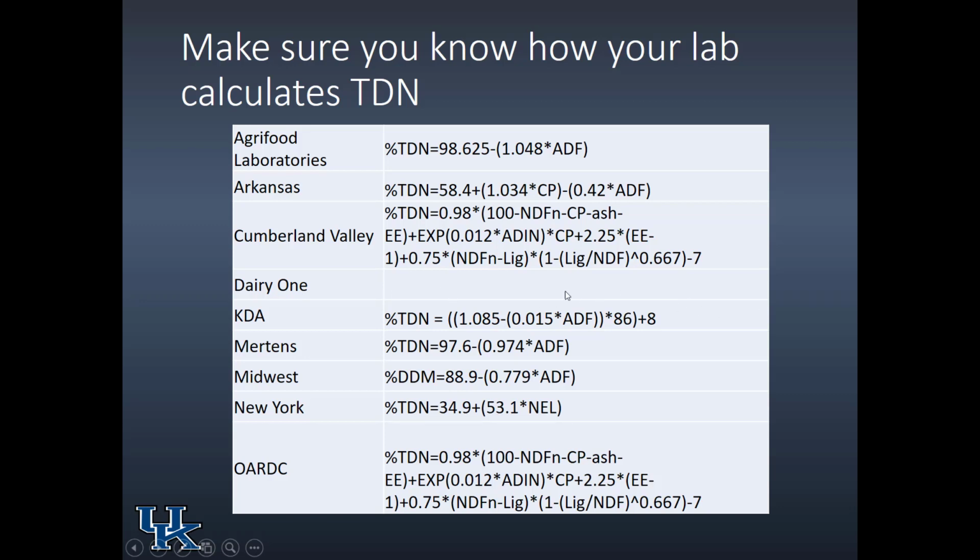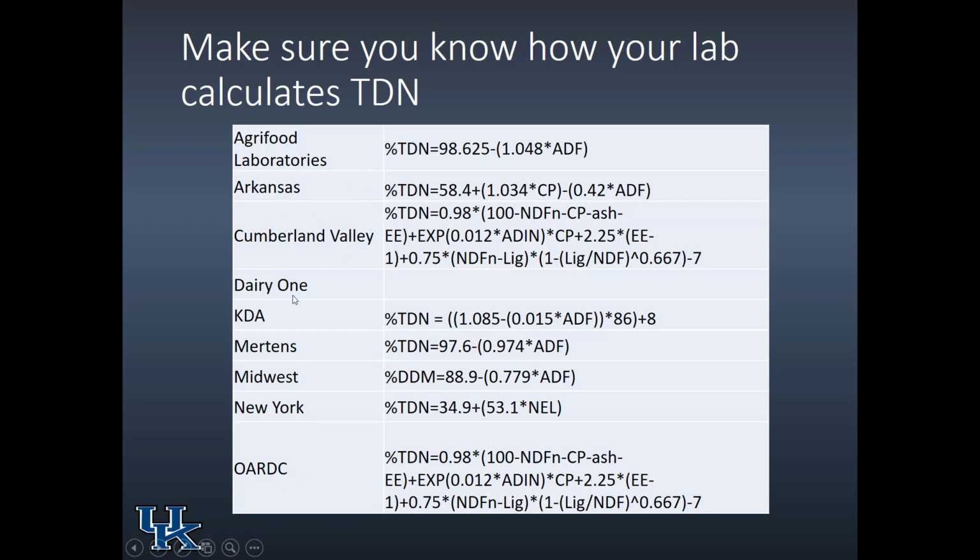You can see that there are several equations that just use ADF, and equations that use combinations of things that are more than ADF. Arkansas, for example, uses protein and ADF.